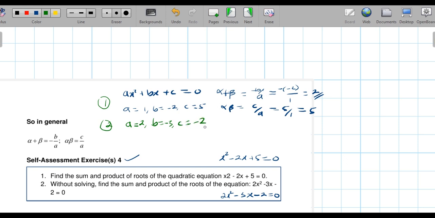Substituting, the sum of roots is going to be minus minus 3 over 2, which is 3 over 2, and the product is going to be minus 2 over 2, which is equal to minus 1. So that is it for these two questions. Let's go further to solve other exciting examples in the quadratic equation.